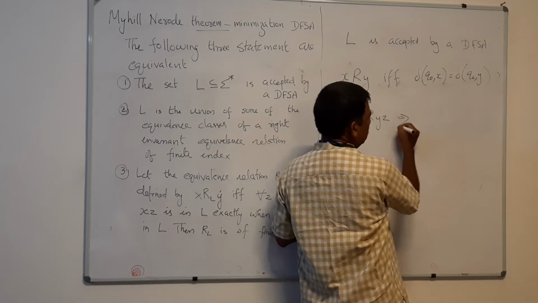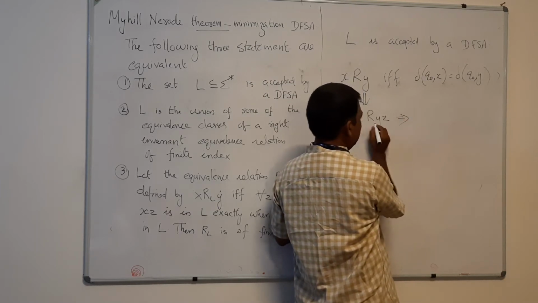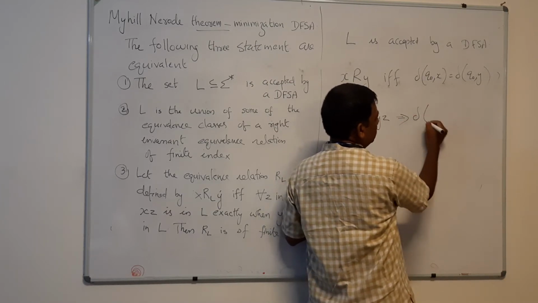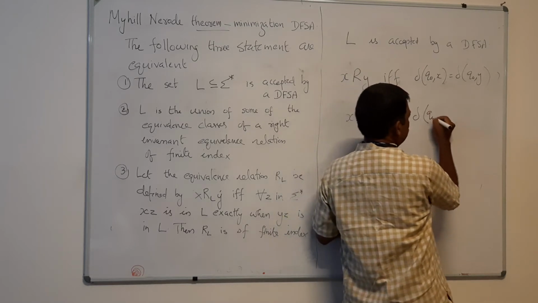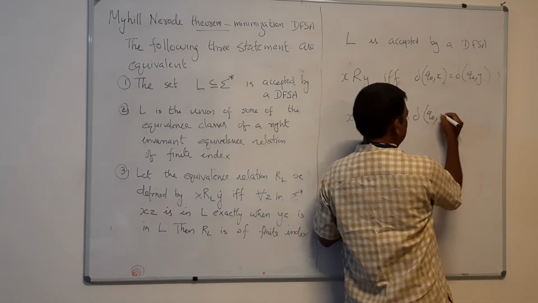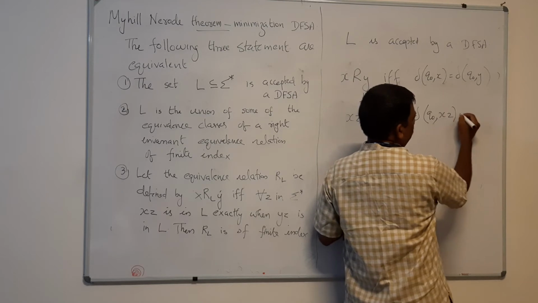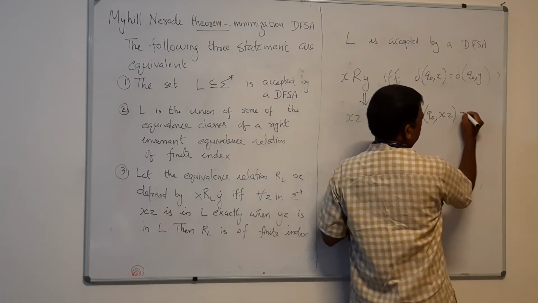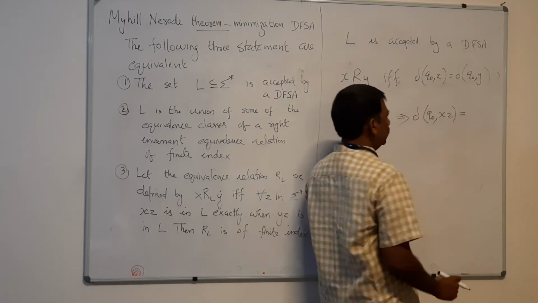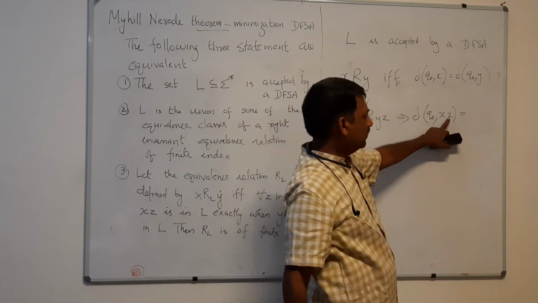We can prove this like this: xz related to yz means delta of q0 upon receiving xz equals delta of q0 upon receiving yz.